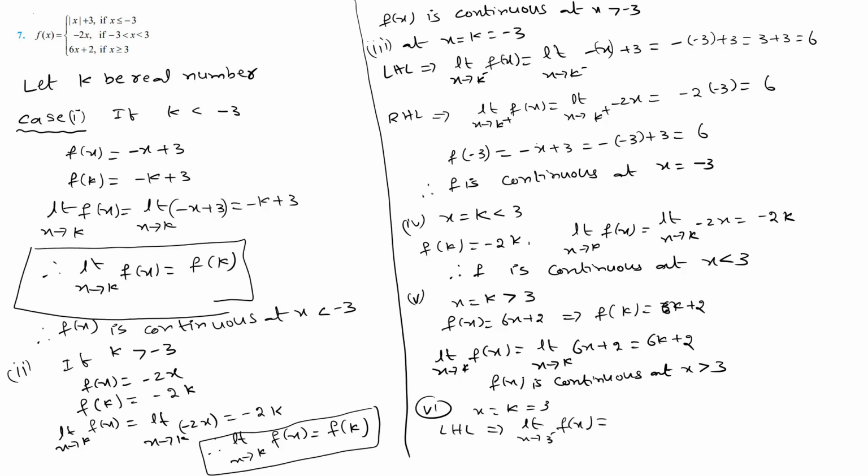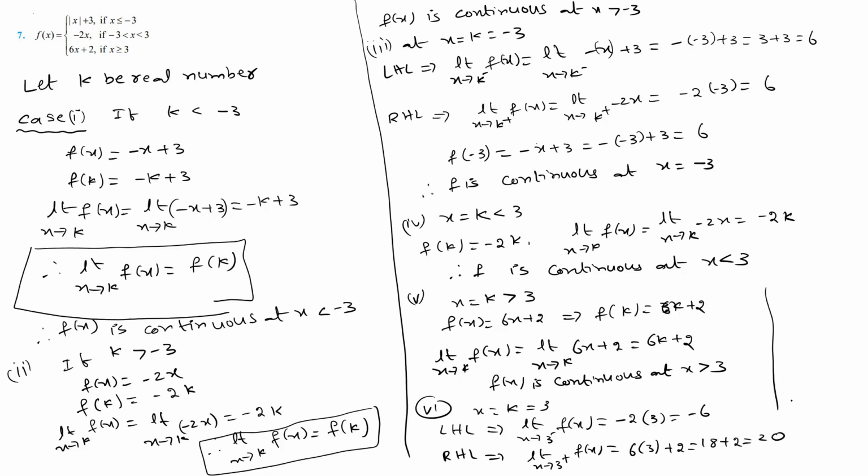Less than 3 means we take minus 2x, which at 3 is minus 6. Next, the RHL is limit x tends to 3 plus f of x, where greater than 3 means 6x plus 2. 6 into 3 plus 2 is 3 sixes are 18 plus 2, equal to 20.